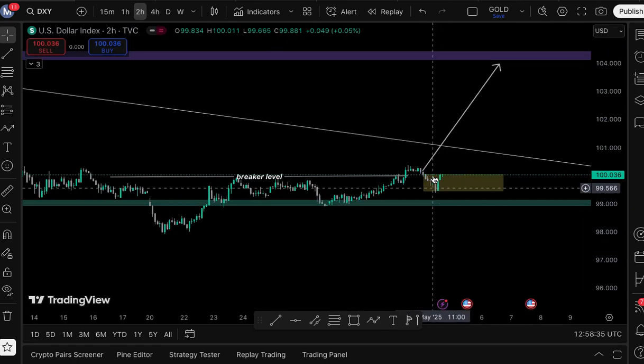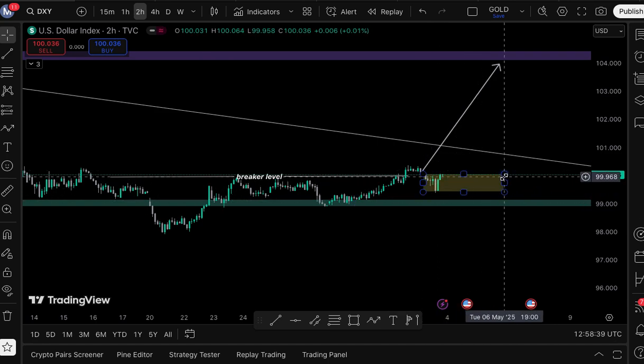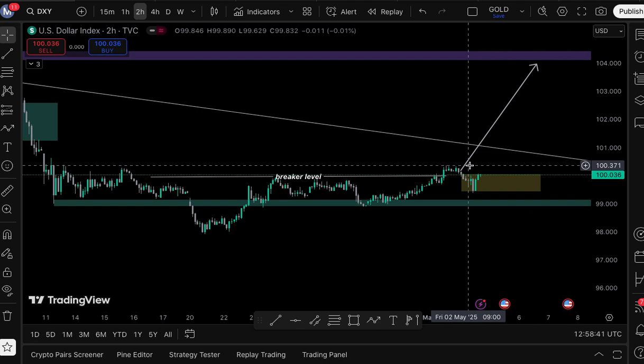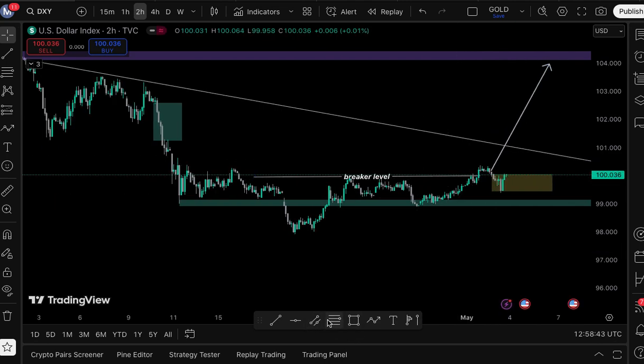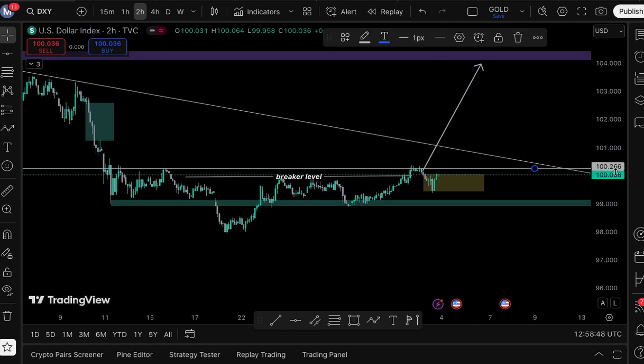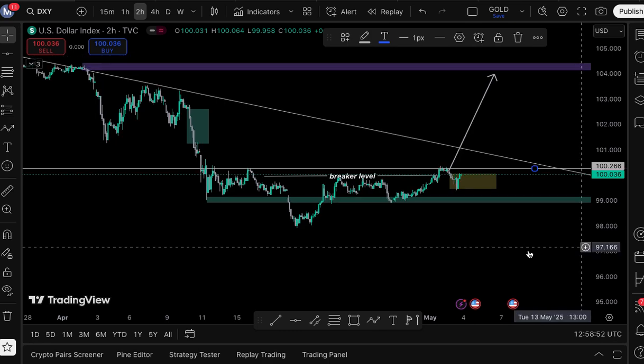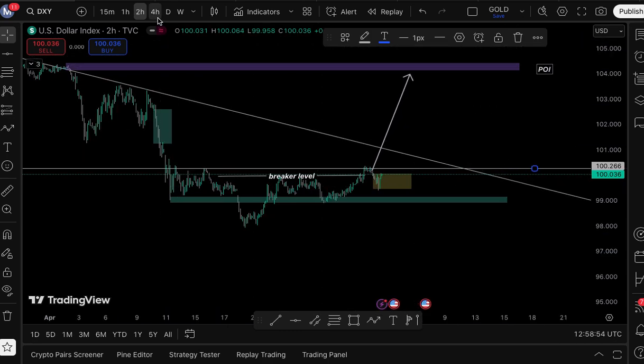In the lower time frame also it's bullish, and this one is the range bound strategy. Once this 100.266 level breaks, it can mitigate at this point, this POI area.